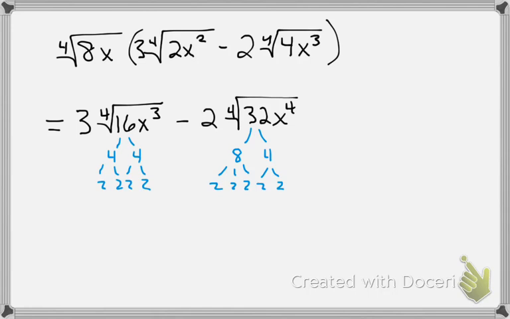So what do I need to get rid of fourth roots? Fourth powers. If 2 is square and 3 is cube, 4 is quartic, like quarters, similar root.